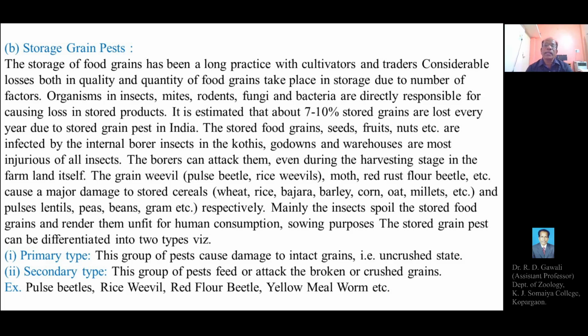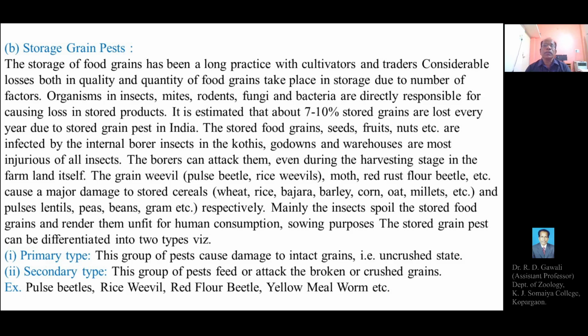The borers can attack them even during the harvesting stage in the farm land itself. The grain weevils, the stored food grains which are infested by the different type of insect pest called stored grain pest.